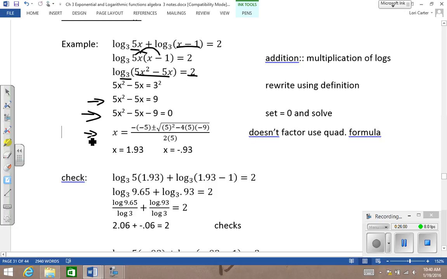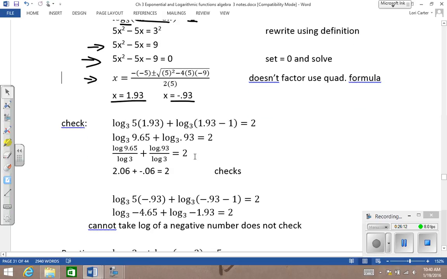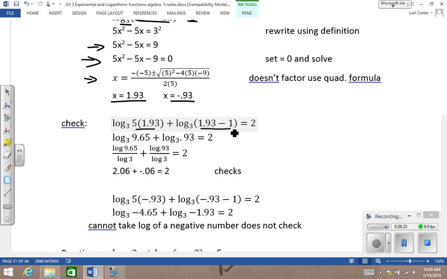Both answers are positive, so now I have to be careful, correct? I need to see if either one will give me a negative when I'm in my log. So I have 1.93 and a negative 0.93. Well, when I plug in the 1.93 to my logs, are both answers positive? Yes. So is it probably going to work? Yes. So you go through, and it does. Life is good. When I put in negative 0.93 here, this becomes a what?